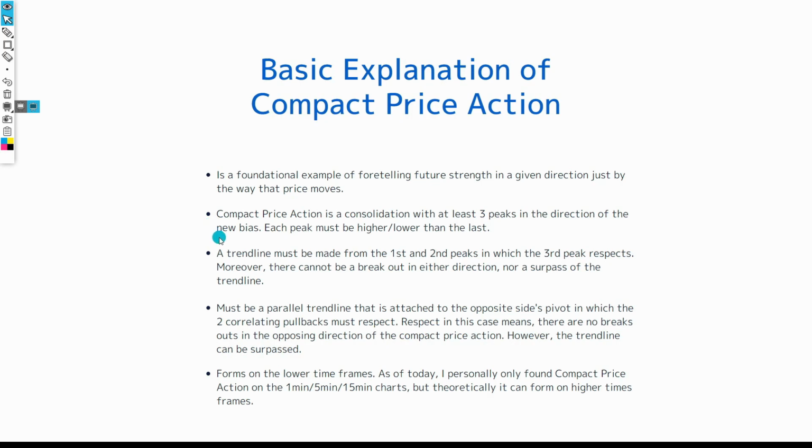All right, number two. Compact price action is a consolidation with at least 3 peaks in the direction of the new bias, and each peak must be higher or lower than the last. So in essence, compact price action is a consolidation. And just like any consolidation, the more extreme the consolidation, the more extreme the move after the breakout, correct?